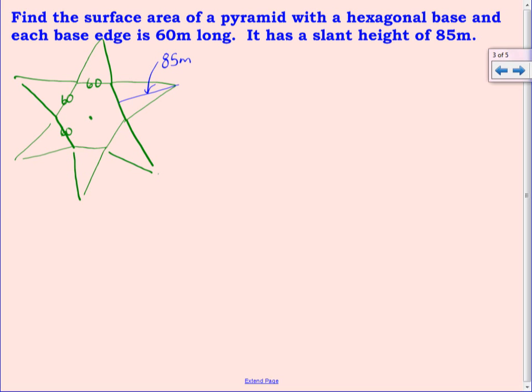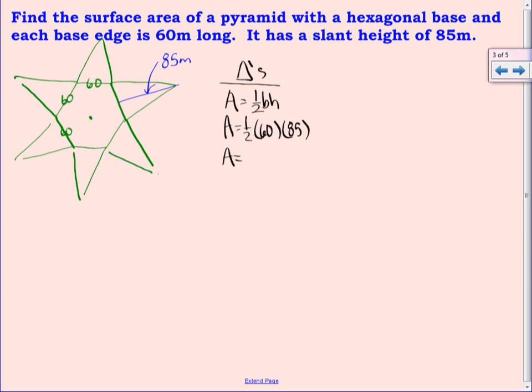All right, let's do the triangles first. So we'll label it, and we're going to show 3 lines of work. What's the formula for triangles? What are the base and the height of each triangle? 60 for the base, and the height on each one is 85.